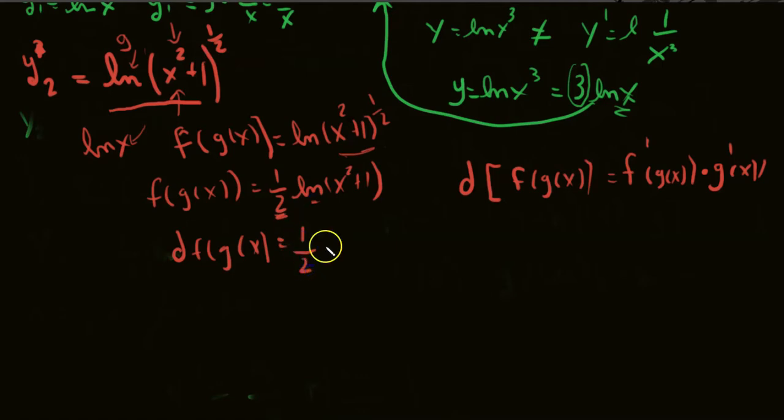So 1/2 multiplied by 1 over x, but you leave the inside alone, so 1 over x squared plus 1 would be the derivative of f of g of x, of just f, the component. And you multiply by the derivative of the inside, g of x, which is 2x plus 1. So this whole term corresponds to this f of whatever's inside. Actually, no. Hold on.